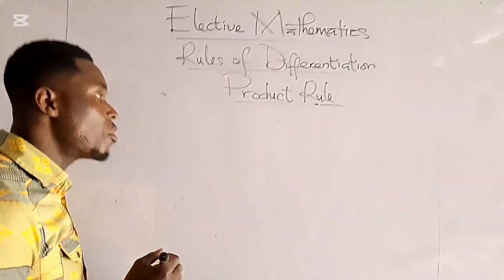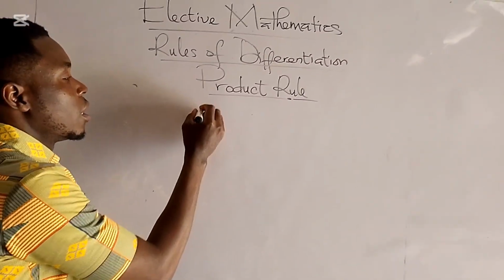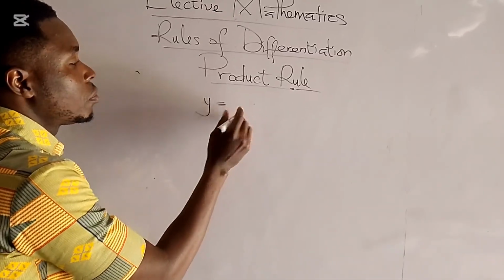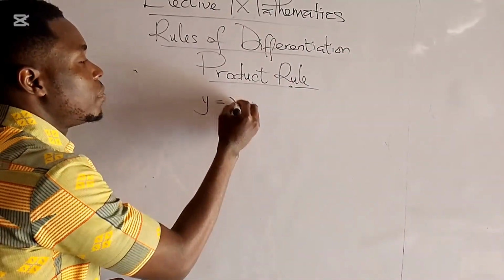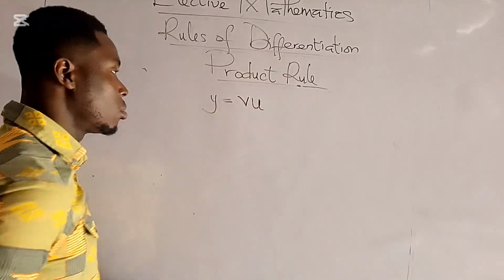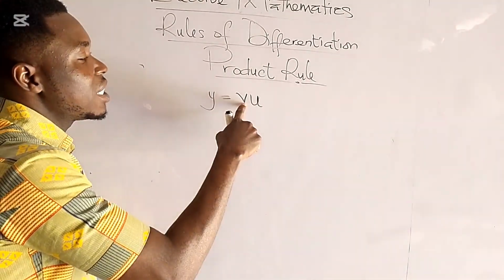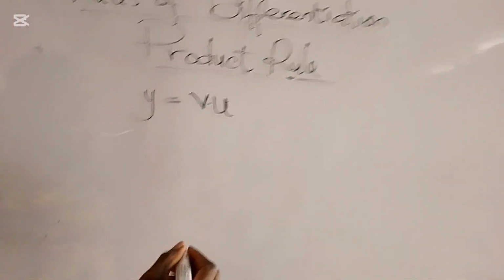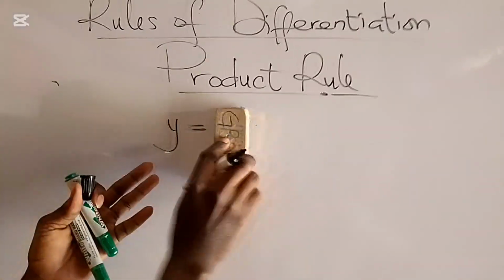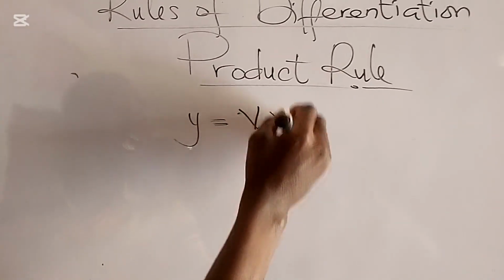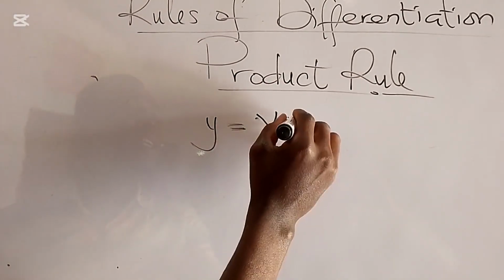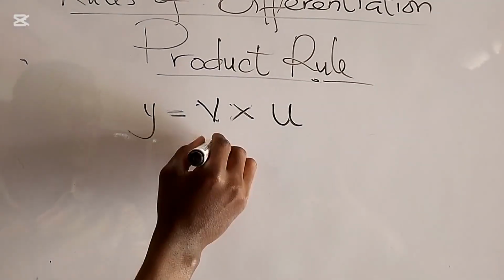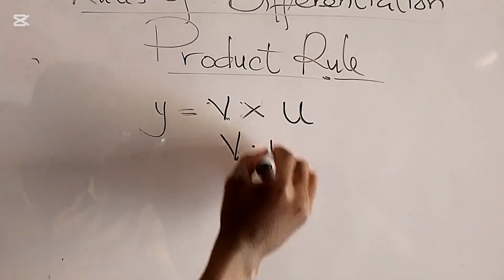So for instance, if we have y is equal to vu, when you see something like this, vu, it means there is multiplication here, or there is a dot. So v multiplied by u, or v dot u.